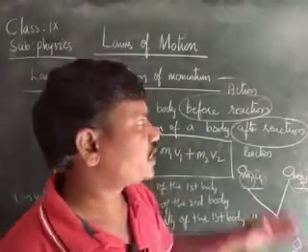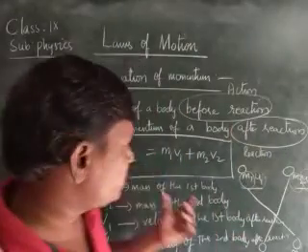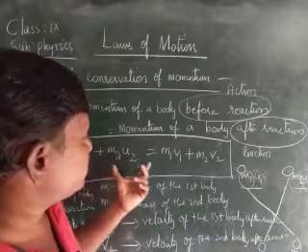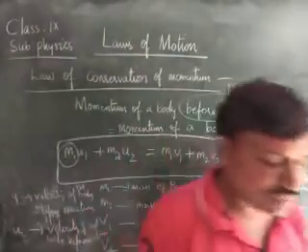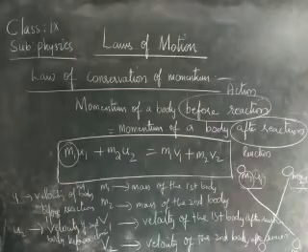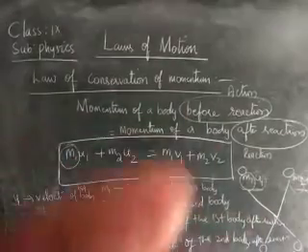Children, in the next class we will derive how we got the equation m1u1 plus m2u2 is equal to m1v1 plus m2v2, the equation for the law of conservation of momentum. How we get that equation, we will be learning in the next class, children.